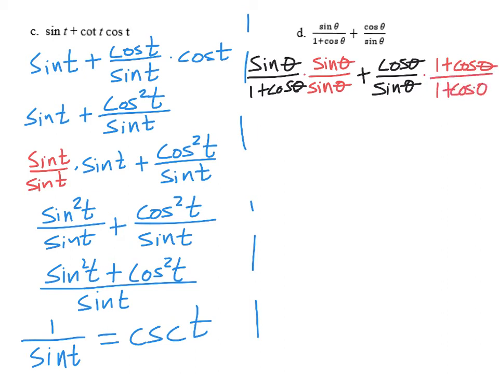In other words, if you have a situation like this, where you've got two different denominators, multiply them by each other, okay? Essentially, my common denominator, once I have these combined, is going to be 1 plus cosine times sine. I'm going to simplify the two terms separately first, right?